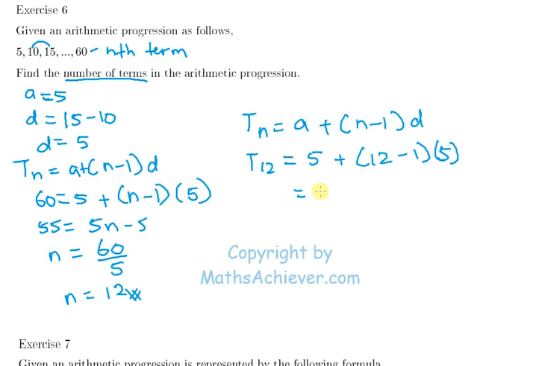So this yields us 5 plus 55, which is 60. Right? So the number of terms is actually 12, and this is the nth term.